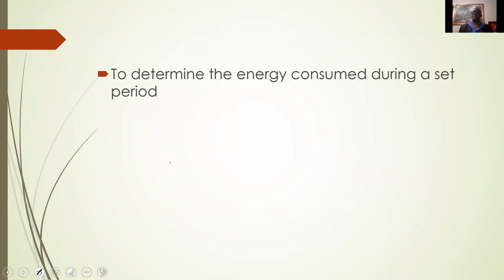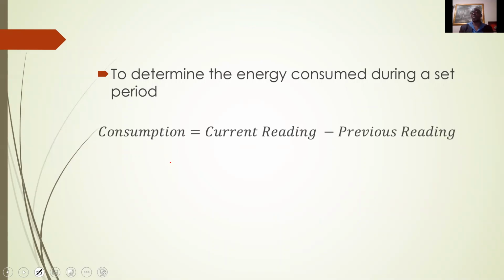To determine the energy consumed during a set period: in most jurisdictions, energy meters are read on a monthly basis. In other countries, it's read every 2 months, and in still other jurisdictions, every quarter. But to determine the energy consumed within a set period, we simply take the current reading minus the previous reading.